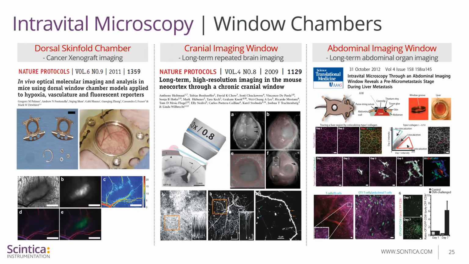Use these guidelines to find important details regarding imaging stability over time, imaging tolerability by the animals, and optical imaging conditions such as choosing the right cover slip thickness, typically a number 1.5, and the right field of view to be able to visualize your structures well.